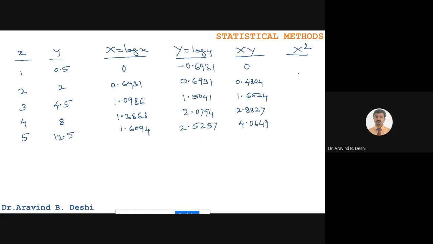X square values: 0.4804, then 1.2069, 1.9218, next 2.5902.